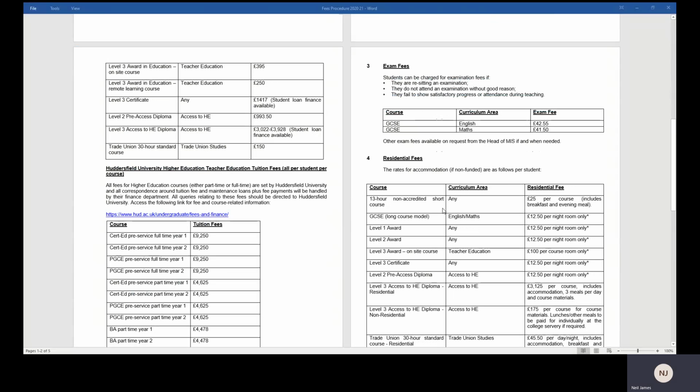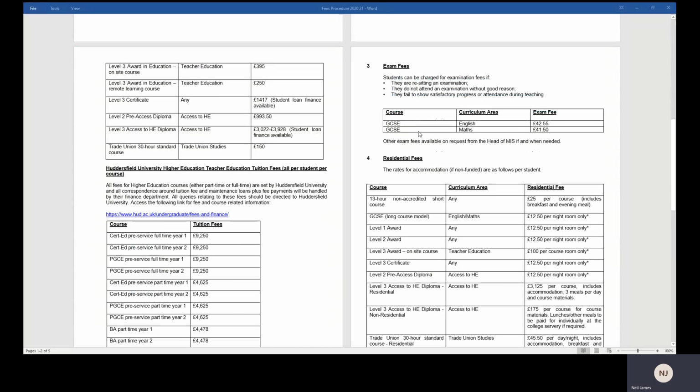Okay, so section 3 is a short section around exam fees. These may come into usage if students have to resit an exam, or they don't attend an exam, or they fail to show satisfactory progress or attendance during the teaching.